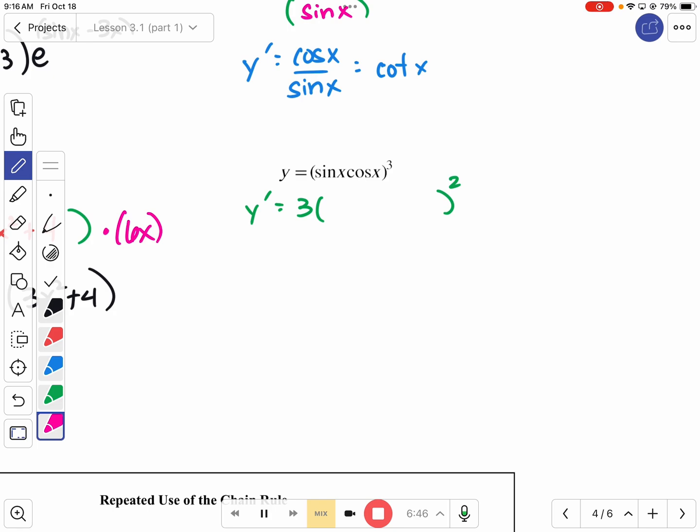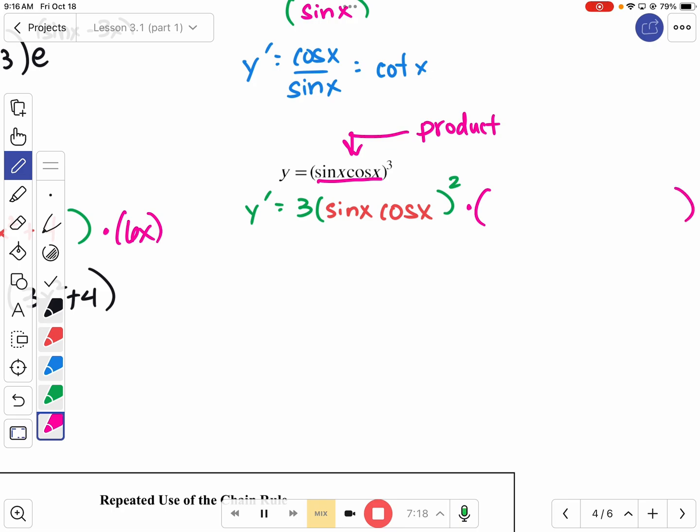My something was sine x cosine x. Now, when I take the derivative of that inside, what do you notice about that inside? Is it one function? It's a product. So when we do this inside derivative, we have to use the product rule.